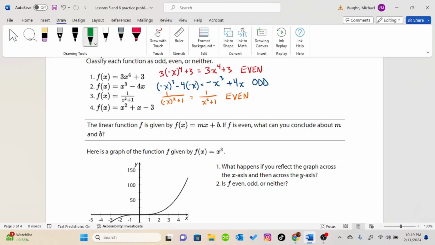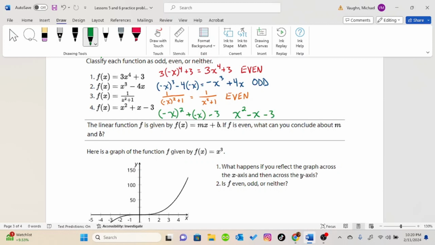And number 4, if we substitute negative x in here, we have negative x squared plus negative x minus 3. A negative squared becomes a positive, and then add a negative becomes negative x minus 3.